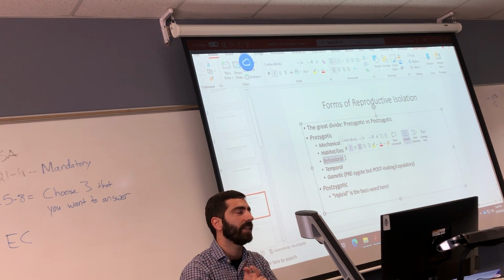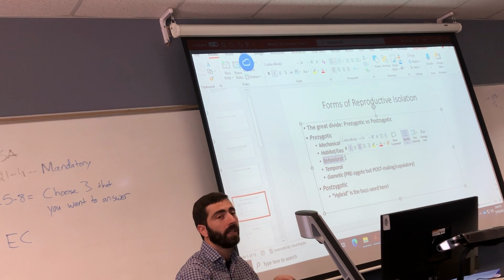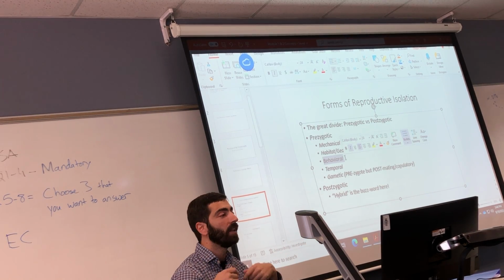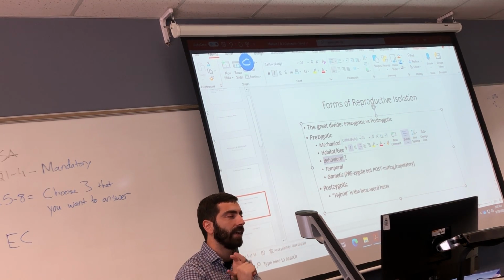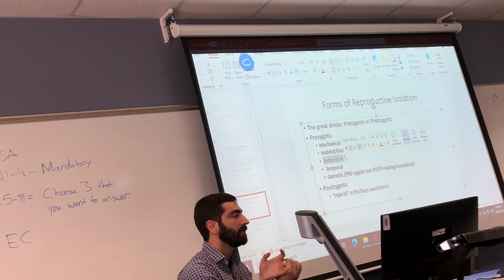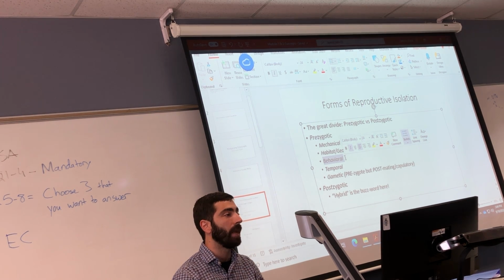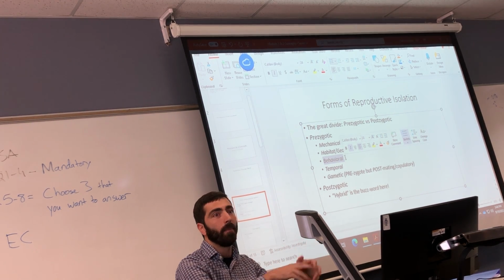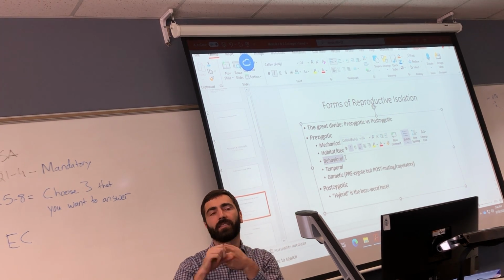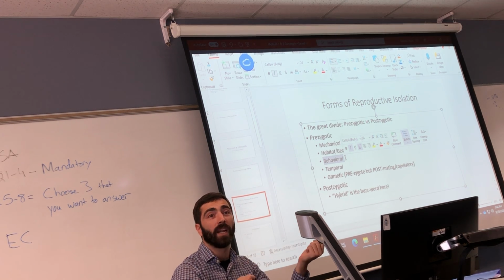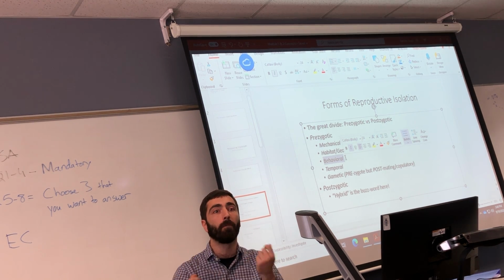Some forms of isolation are behavioral, and they're really strong behaviors. So this is where things like mate choice come into play. Maybe you have an individual that will only mate with a member of the opposite sex that has one coloration, or that performs some behavior.